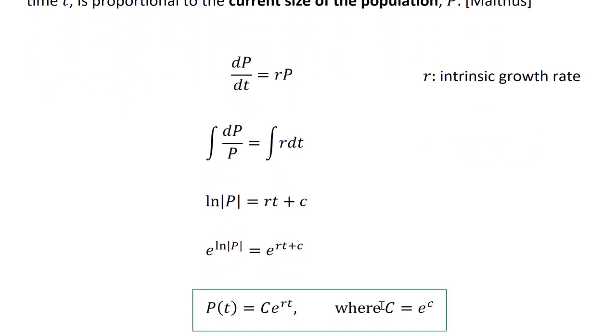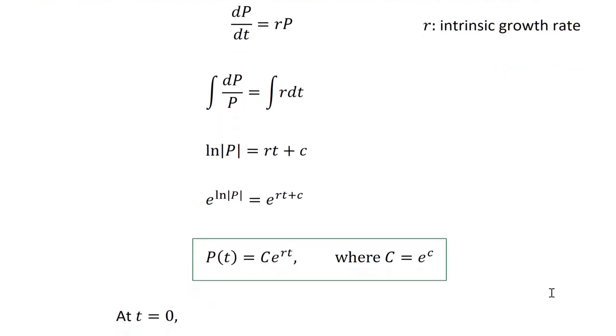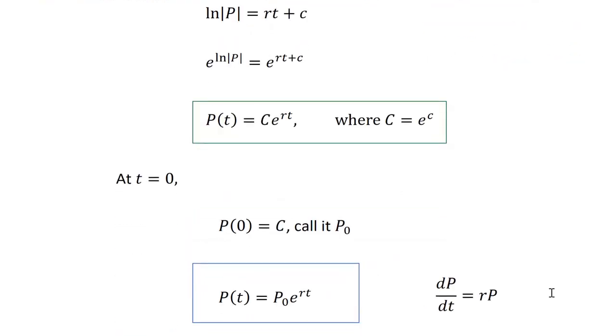Solving, we get the general solution, which is that the population at time t is equal to C e to the rt. And in the very first video, we saw that that would yield infinitely many solutions, and we could look at them on the graph as integral curves. If we set t equal to 0, we get P of 0 equals C, and we call that the initial population.